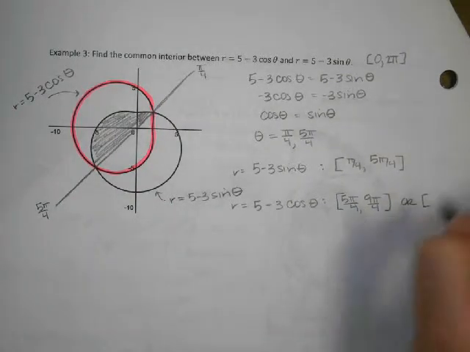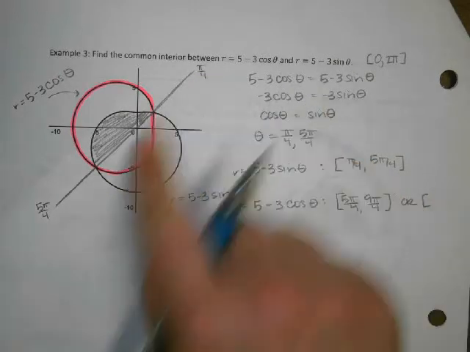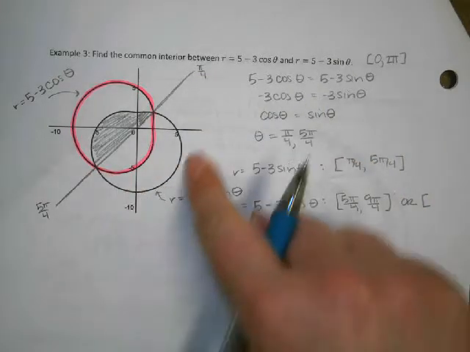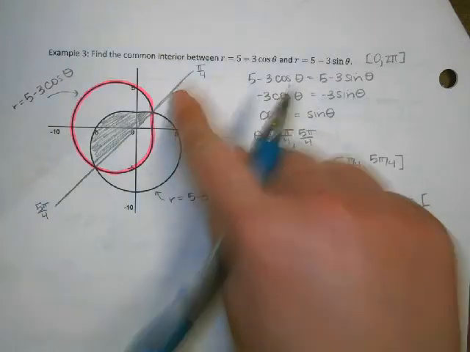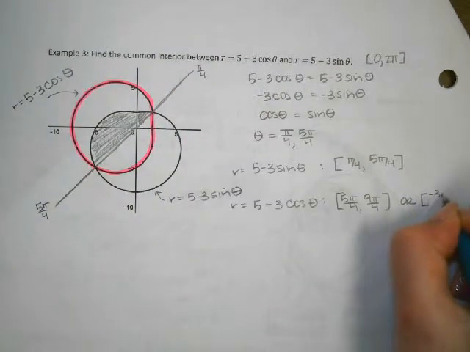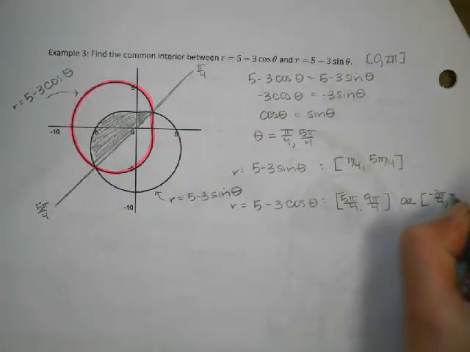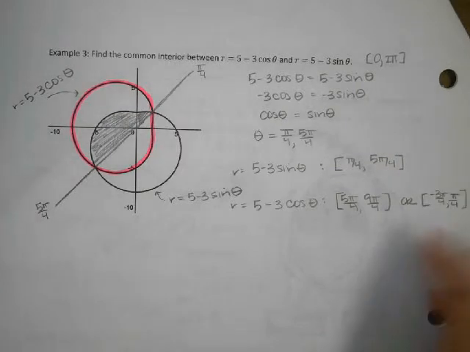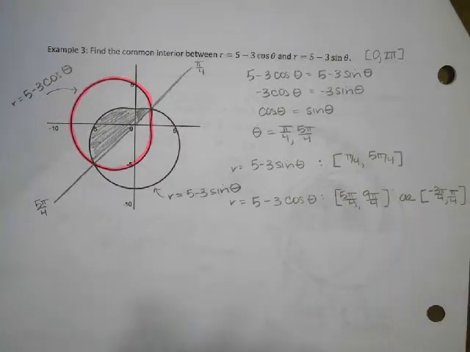Or, to get that same interval, if you wanted to use a positive pi fourths, you could say negative 3 pi fourths to positive pi fourths. So either of those would work.